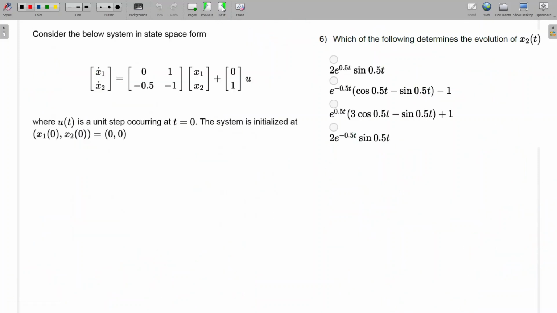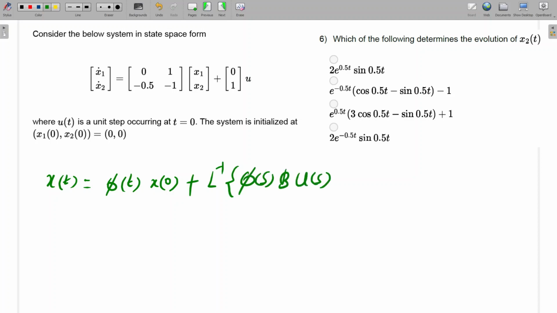Okay. So already that formula I have written. For that we should memorize that formula. So x of t is equal to phi of t into x0, plus L inverse of phi of s into B into U of s. So this phi of s is the state transition matrix in the Laplace form.